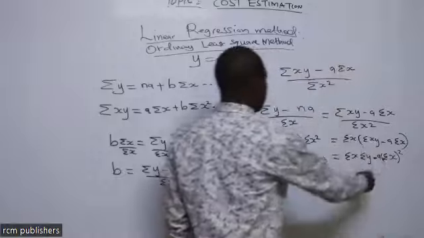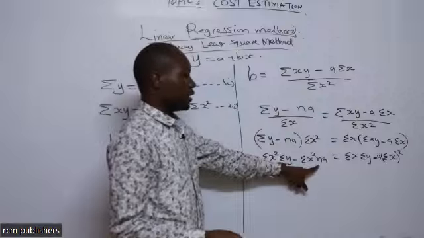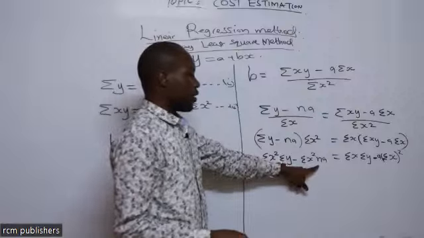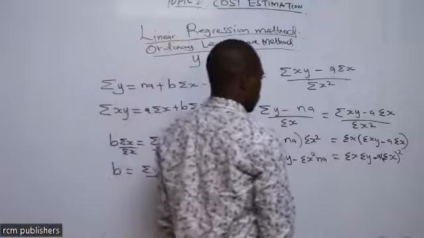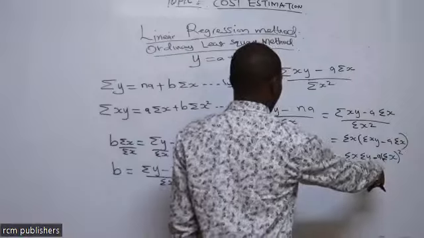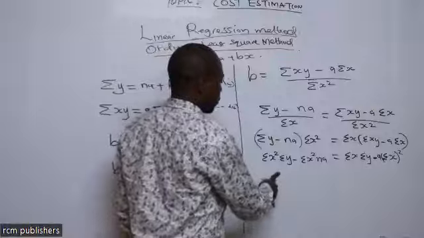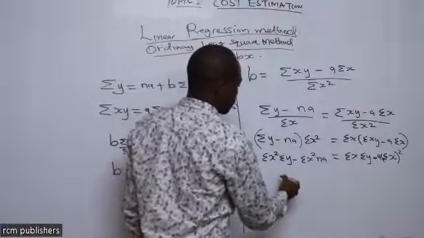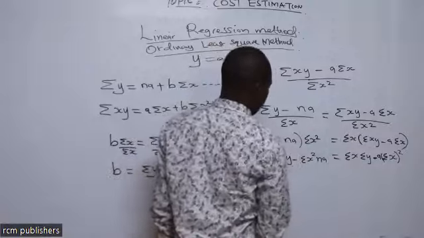So we have A here. Let's eliminate and remain with our A. Let's have A on its own. So we can take all of this to the other side.